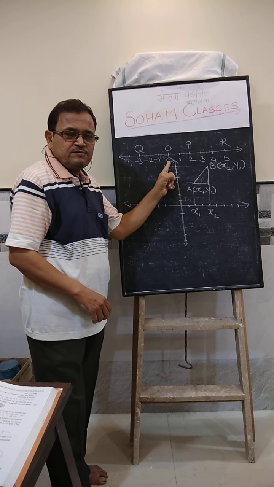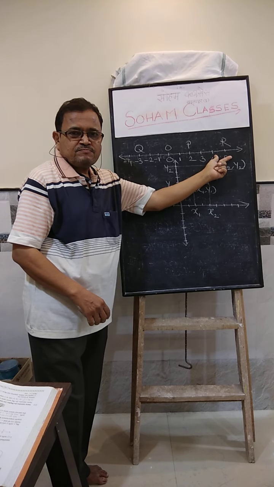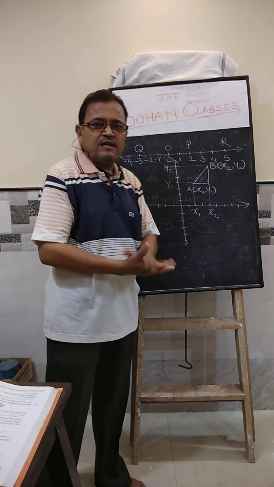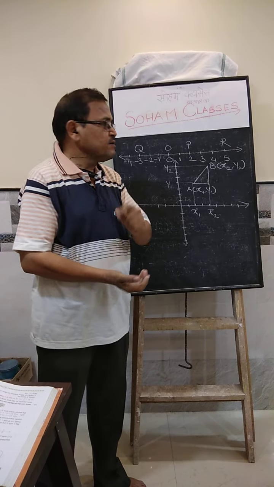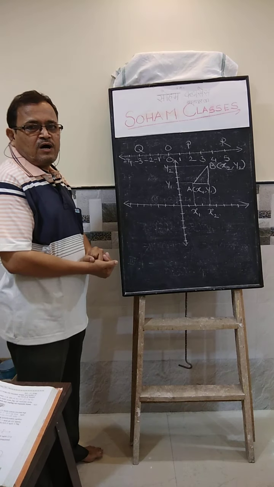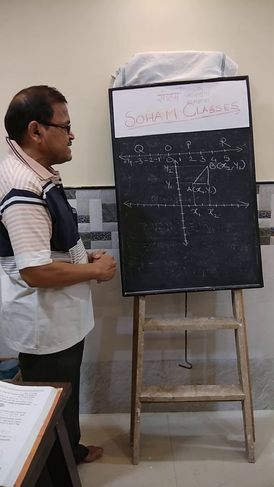Suppose this is the origin, and then on the same unit we have plotted these points. Any point of this line represents a number, and we know how we can find the distance between 2 points on the number line.